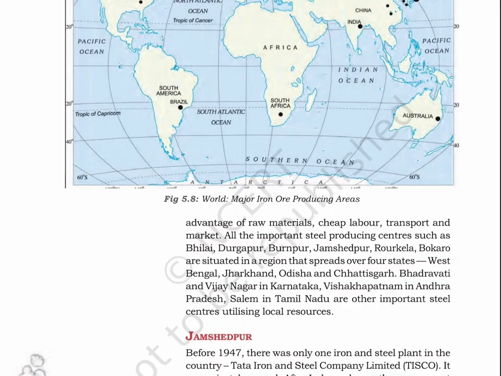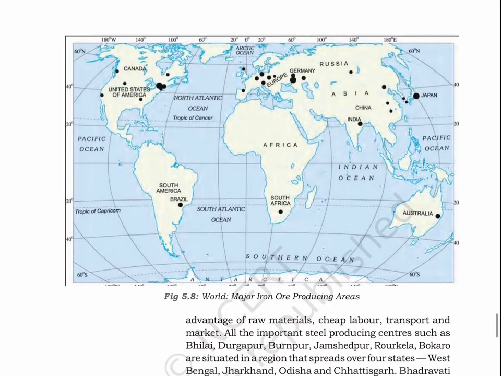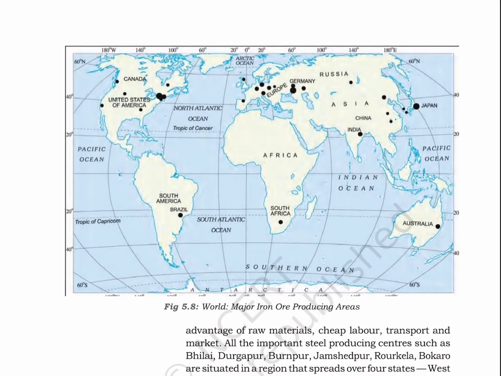Bhadravati and Vijayanagar in Karnataka, Vishakhapatnam in Andhra Pradesh, and Salem in Tamil Nadu are other important steel centers utilizing local resources. There is a world map given in figure number 5.8. In this map, major iron ore producing areas are highlighted with the help of black dots.